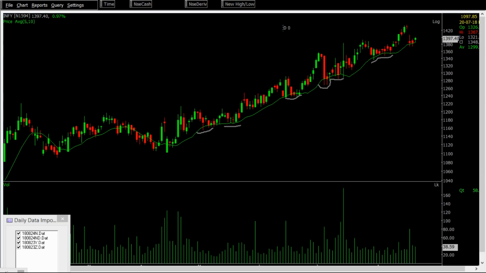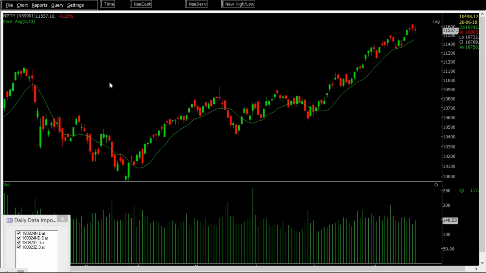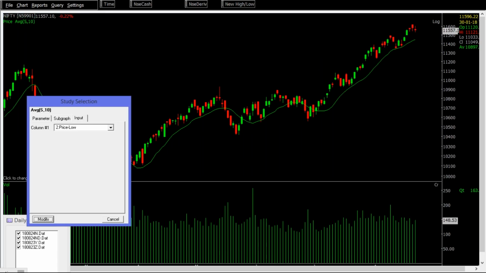In this particular time frame of trading, which is the daily chart, knowing which average is going to play out is the best case scenario. So this is something new for a lot of people, they mustn't have heard of it before. Now if I go back to the Nifty chart and look at the same moving average, the average of the lows, it is not working out so well.